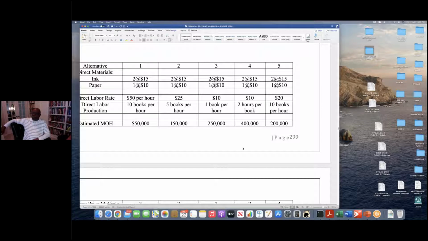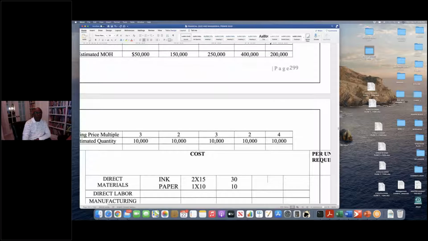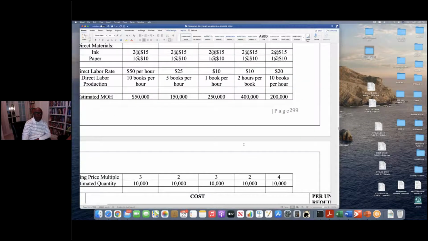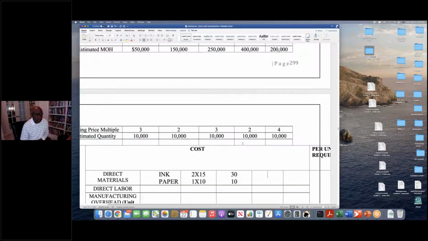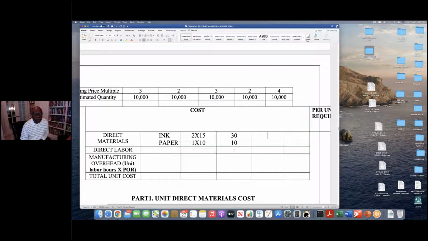How much does it cost per book? 50 divided by 10, so it'd be 5? Oh, so we divide that. Yeah. You can make 10 an hour, paid 50 an hour. So our direct labor cost will be 5. Okay, I get it. 5.